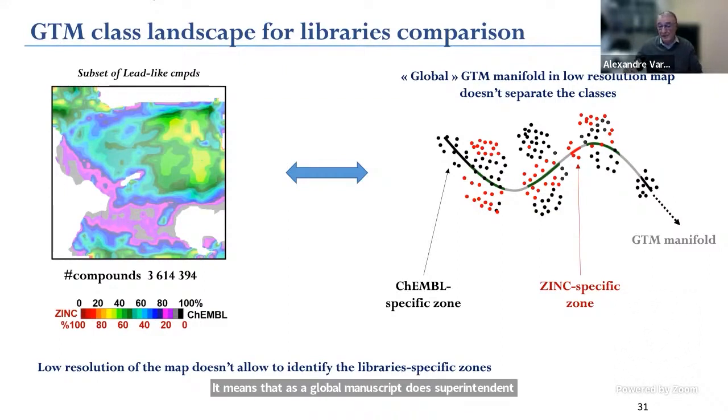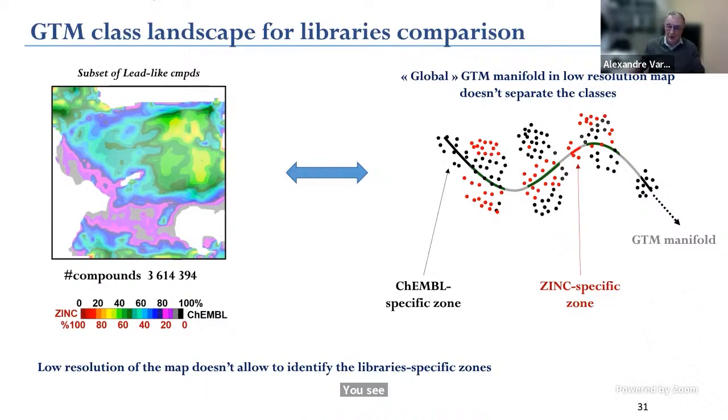What does it mean? It means that the global manifold doesn't separate the classes. Actually, on the scheme on the right, you see that the compounds may form clusters, red or black, but simply the global manifold corresponds to a map of low resolution. It doesn't allow us to separate the classes.